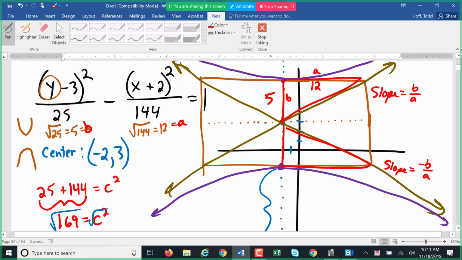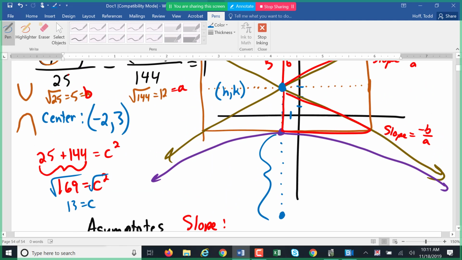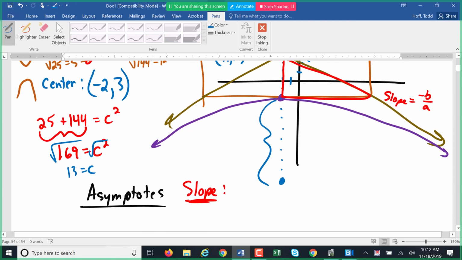And of course it goes through the center, which has coordinates (h, k), which come from the numbers being subtracted from y and x. So for this hyperbola, since that center was at (−2, 3), we can find the equations of those asymptotes.